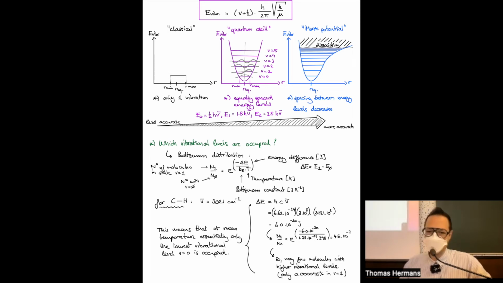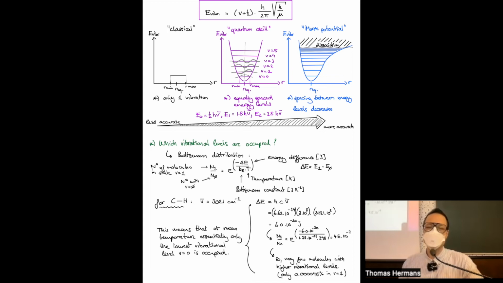Okay, great. So let's fill this into this Boltzmann equation. N1 over N0 is e to the minus the energy, 6.0 times 10 to the minus 20, over Boltzmann, 1.38 times 10 to the minus 23, times room temperature in Kelvin, 298, which is 4.5 times 10 to the minus 7.